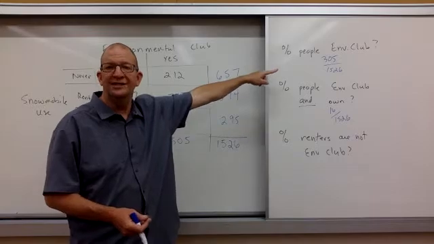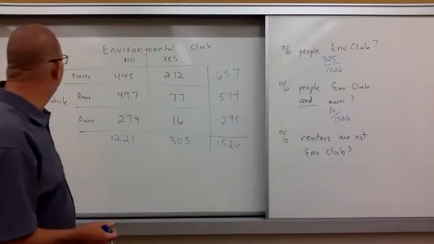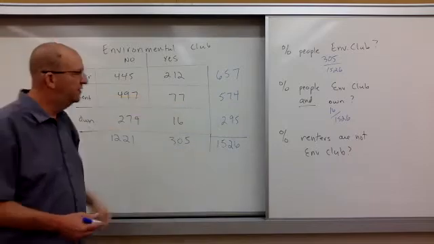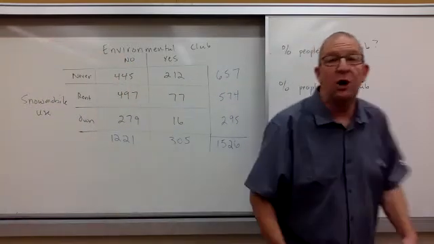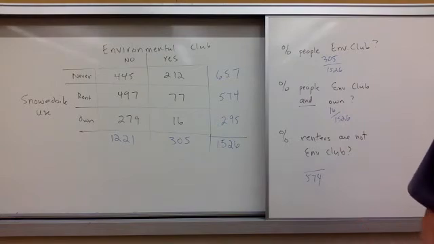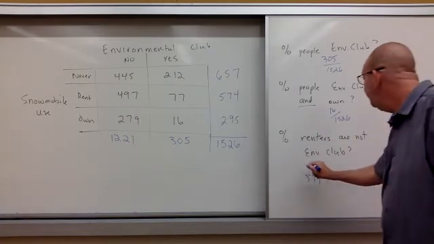The first two questions say what percent of all the people. This one is what percent of the renters. So the renters, there are 574. What percent are not in an environmental club? So renters, not in the club, 497.